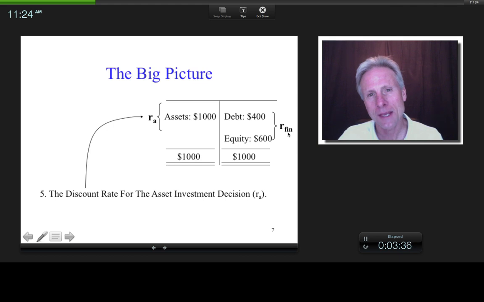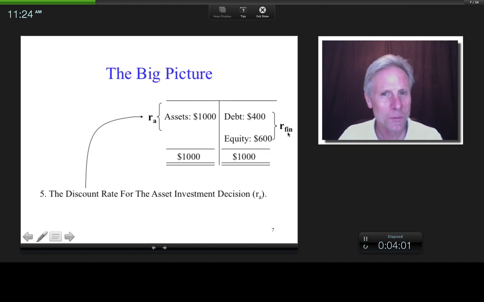Well, as we'll find out today, the discount rate for the asset investment decision is highly related to the discount rate for financial securities. And so that's our goal today, basically to figure out the discount rate for the asset investment decision, which is half of what you need for conducting a bottom line analysis, net present value analysis.